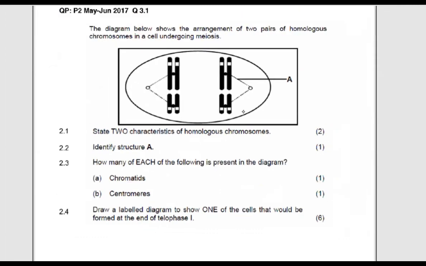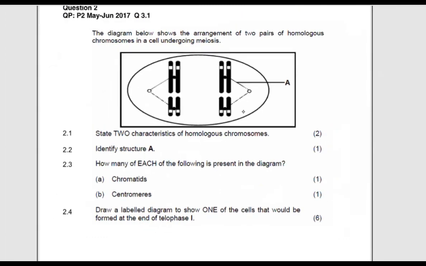They're saying that the diagram below shows the arrangement of two pairs of homologous chromosomes in the cell. This is homologous to this. This is homologous to this. But now the question asked is, which phase is this?